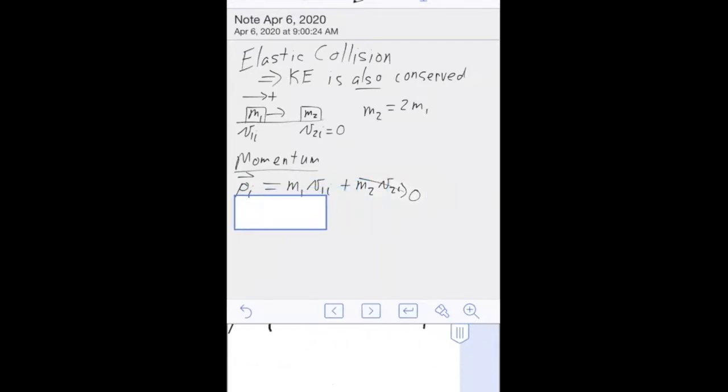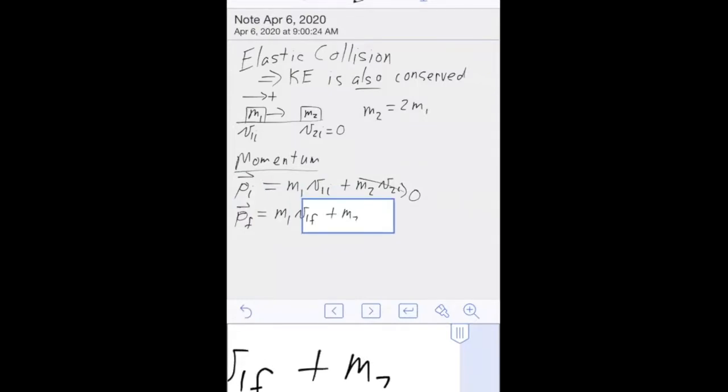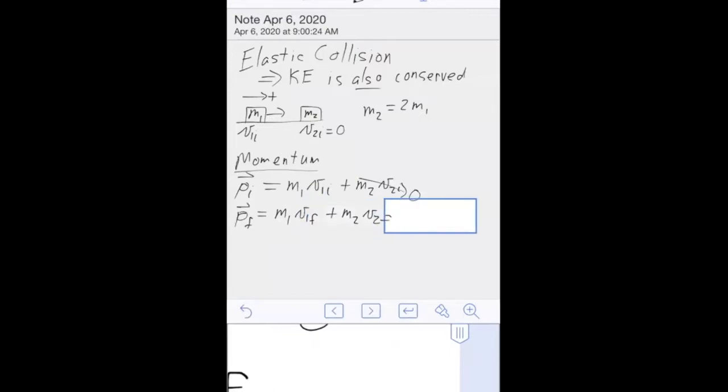And then our final momentum, P final, is going to be m1 times v1 final plus m2 times v2 final. So conservation of momentum tells us that the total initial momentum is equal to the total final momentum. So we can just set those two equal to each other.